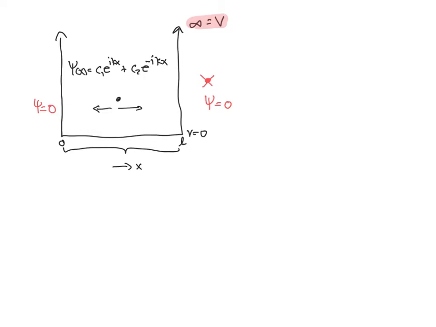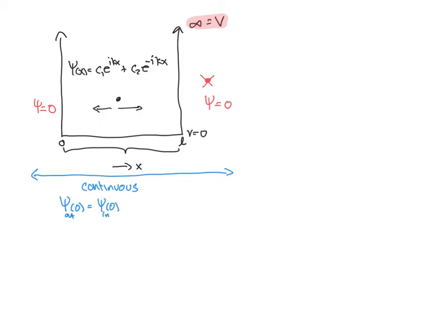Now, the issue is that this wave function needs to be continuous across the entire range of x, including outside the box. So we have to have a continuous function. And that means that psi at 0 outside the box has to equal psi at 0 inside the box, because I have two different expressions for the wave function outside and inside.